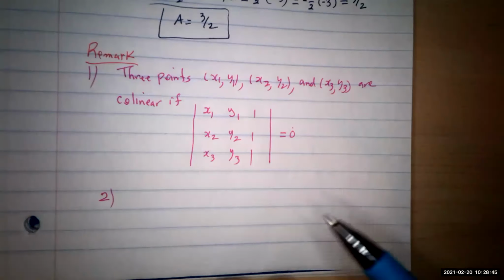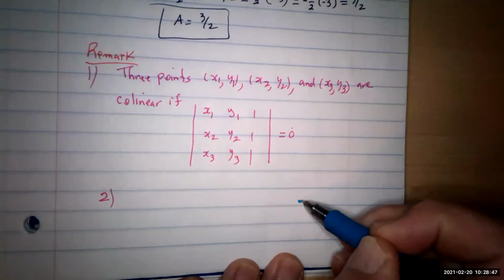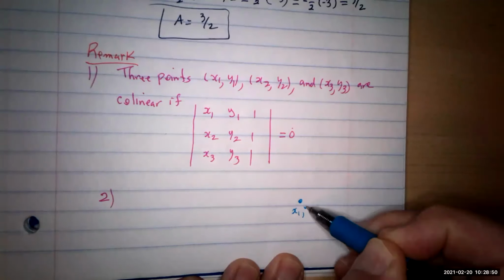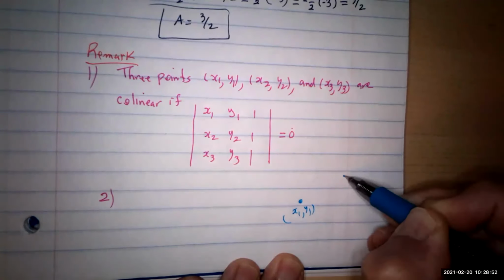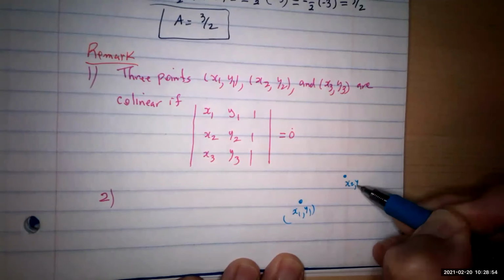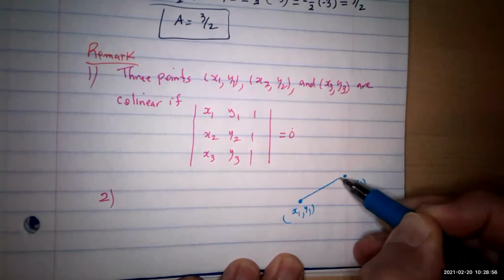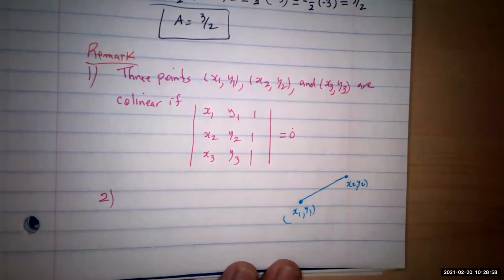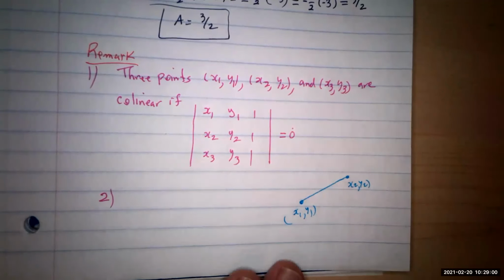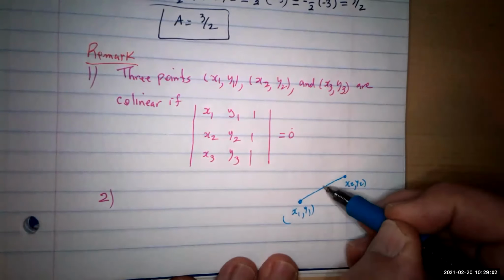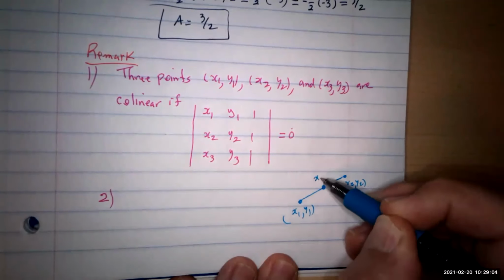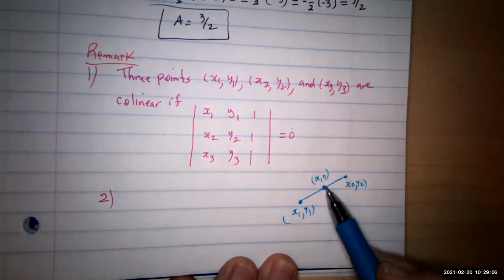You see, if I give you two points, this is x1, y1, and this is going to be x2, y2. If you are interested in finding the equation of the line, you know that we can find the slope. But the other thing that you can do is pick another point here, call it x, y. 1, 2, 3.